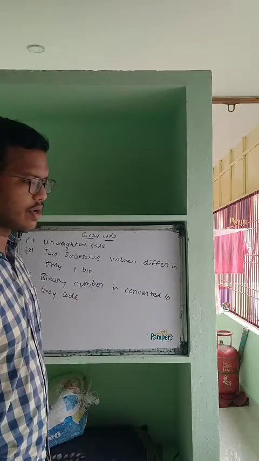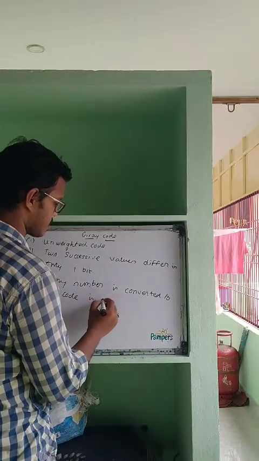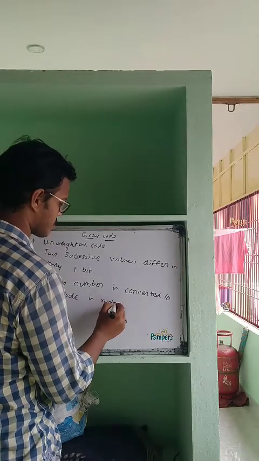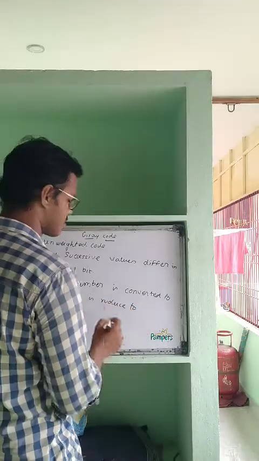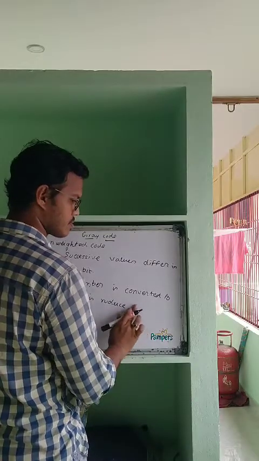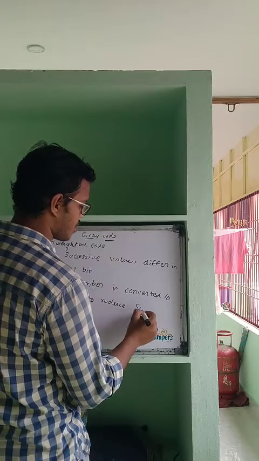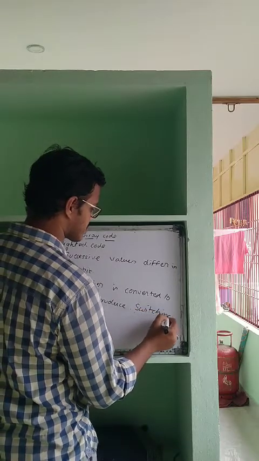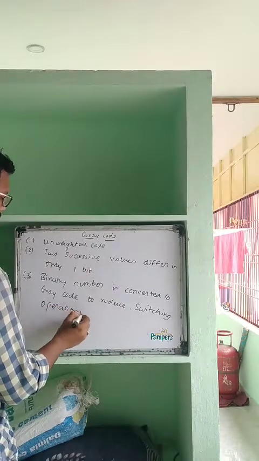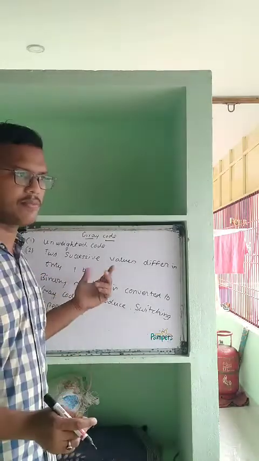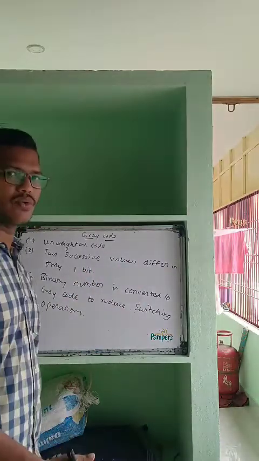Binary number is converted to gray code to reduce switching operations. These two points are important points in the gray code, which we have to remember.